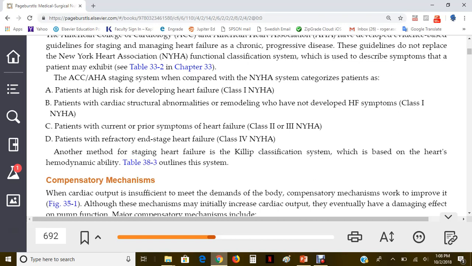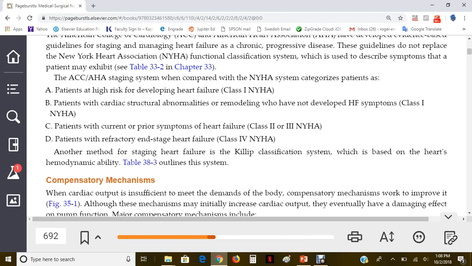Now, the other classification also under class 1, maybe patients with cardiac structural abnormalities or remodeling, but have not developed heart failure symptoms yet, meaning these structural abnormalities may be affecting the valve or may have resulted from, let's say, a compensated event.